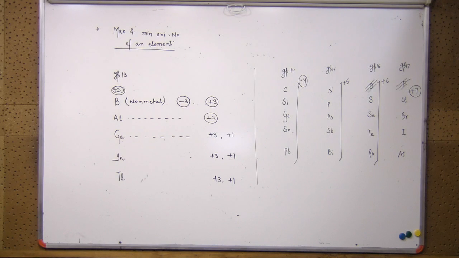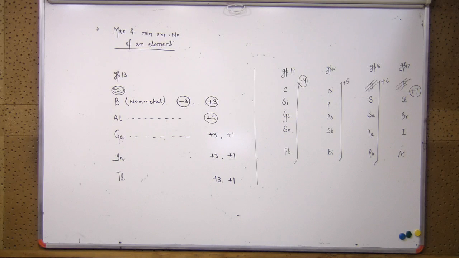Oxygen is the exception, leave that element, because oxygen's maximum is +2. Halogens we have +7 except fluorine. So this is the maximum oxidation state possible for an element. Clear?